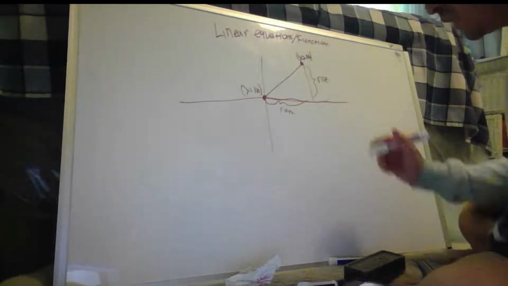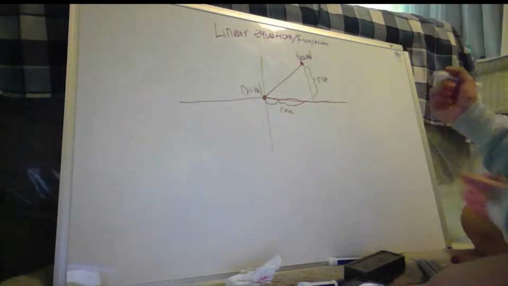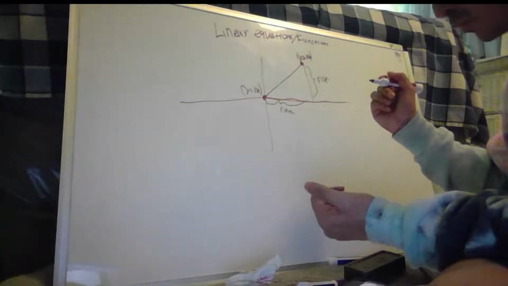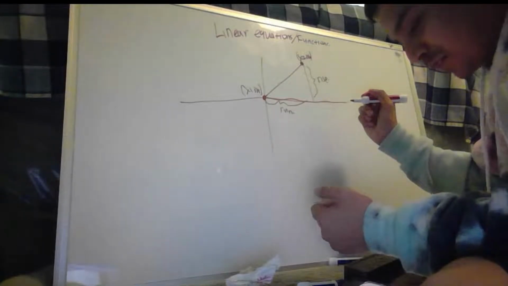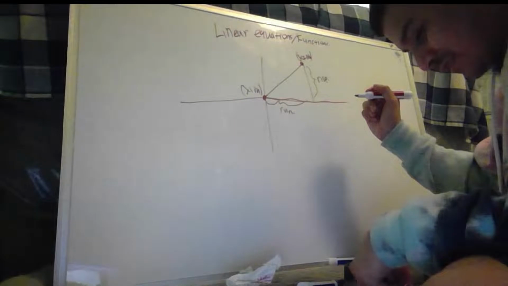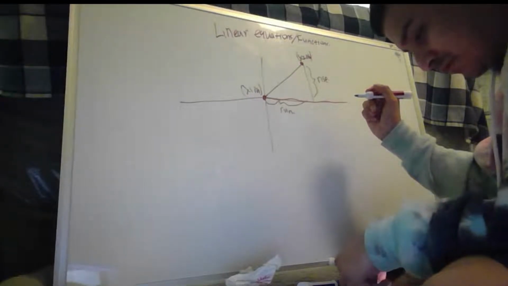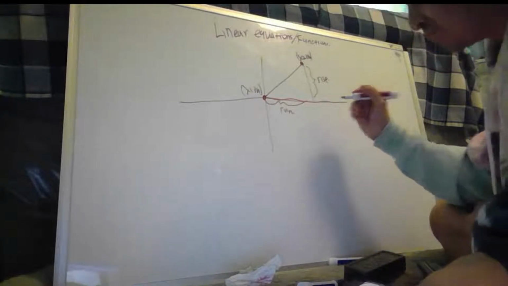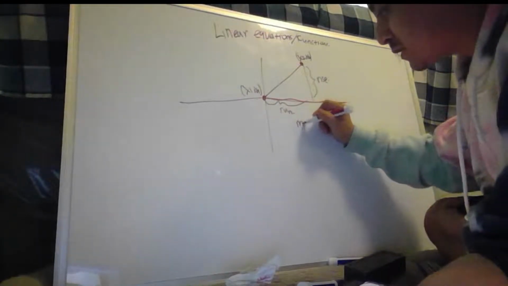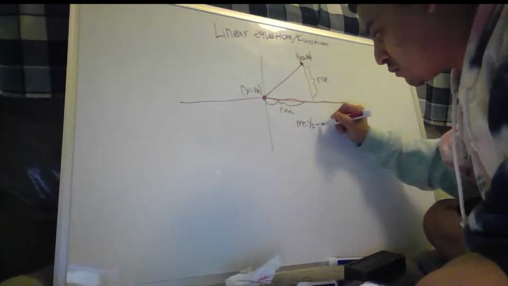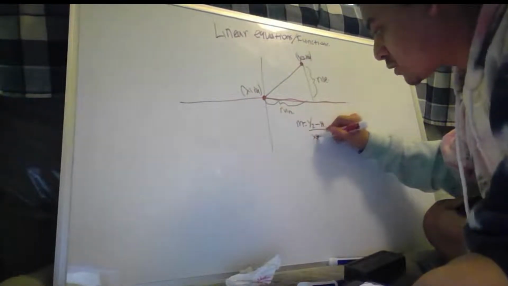Basically, he taught me the way that we get point slope form, of course, but what I want to just go over is what slope is. Slope is defined as y2 minus y1 over x2 minus x1.